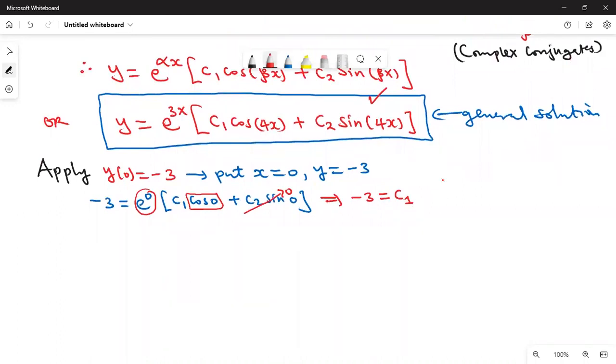Now we need to apply the other condition, which has the derivative of y. So I need to find dy/dx for this one.